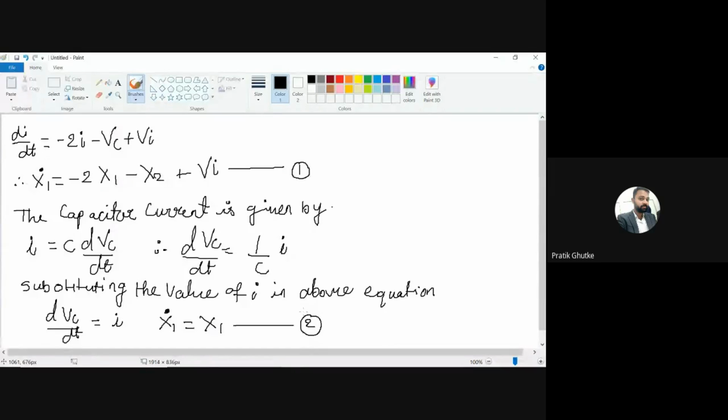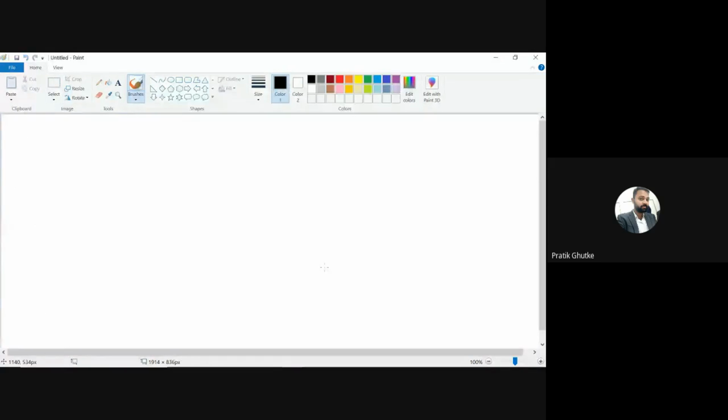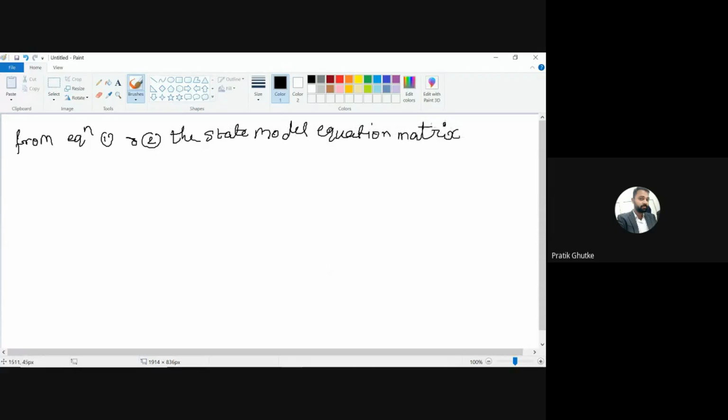From equation 1 and 2, the state model equation matrix can be calculated as follows. See, what is my standard equation?